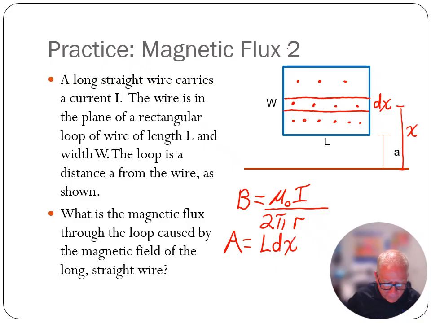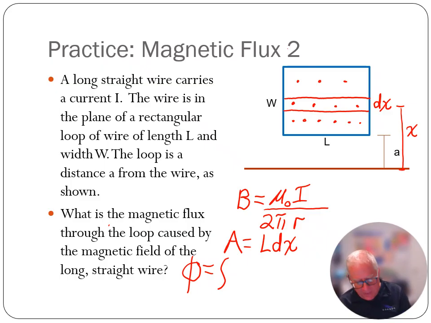And so the total flux is going to be the integral of the flux through each little piece that is of width dx. The field is perpendicular to the plane, or parallel to the normal line of the plane, so it's just going to be the field times the area.